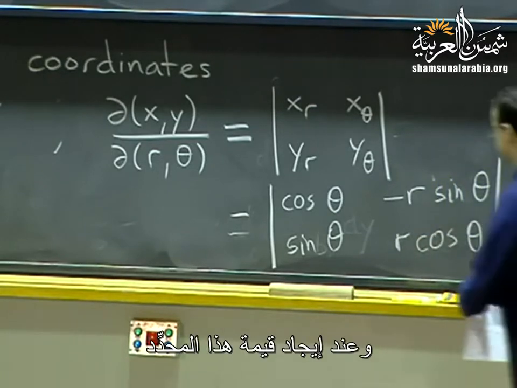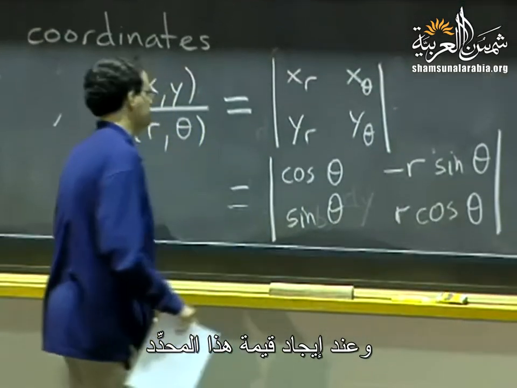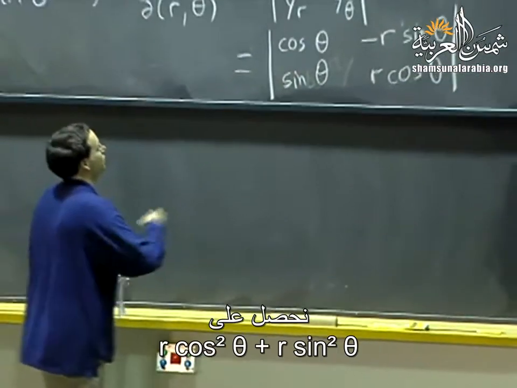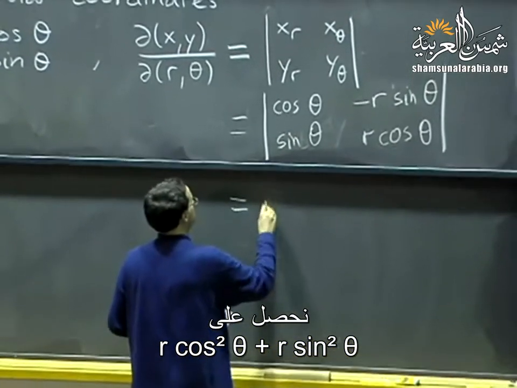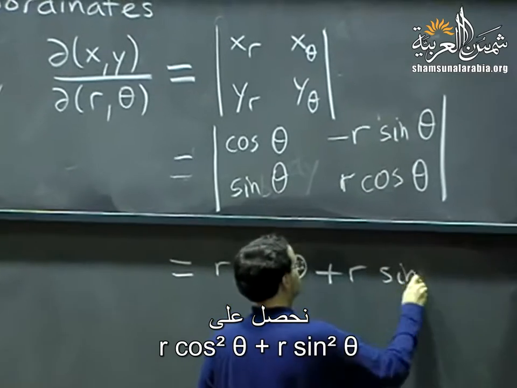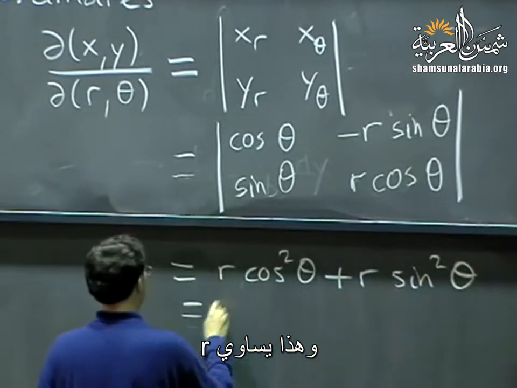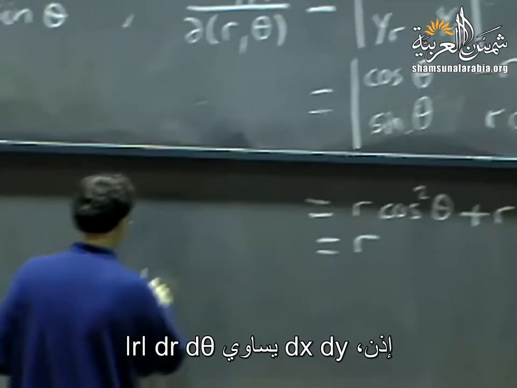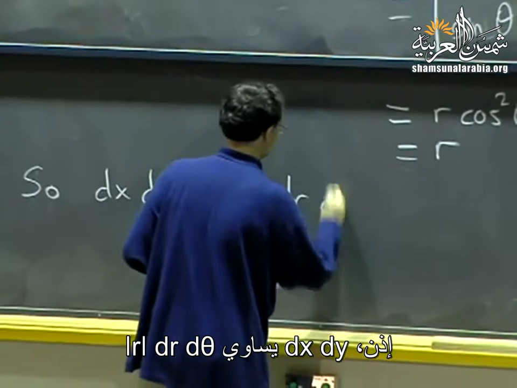And now if we compute this determinant, we'll get r cosine squared theta plus r sine squared theta, and that simplifies to r. So dx dy is the absolute value of r, dr d theta.